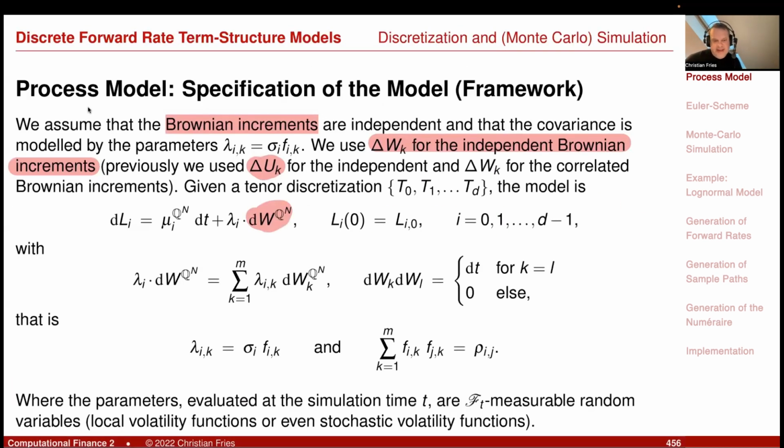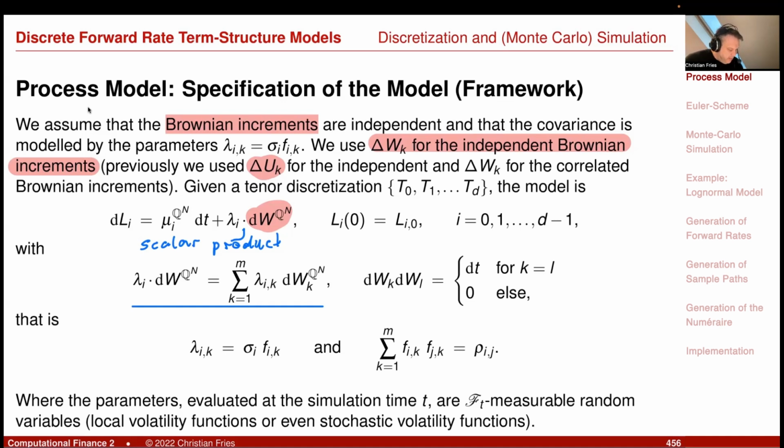Now this is in vector notation, so this is a scalar product. So it looks a little bit shorter. Lambda_i is now the vector of these loadings, and dW is the vector of these Brownian increments.